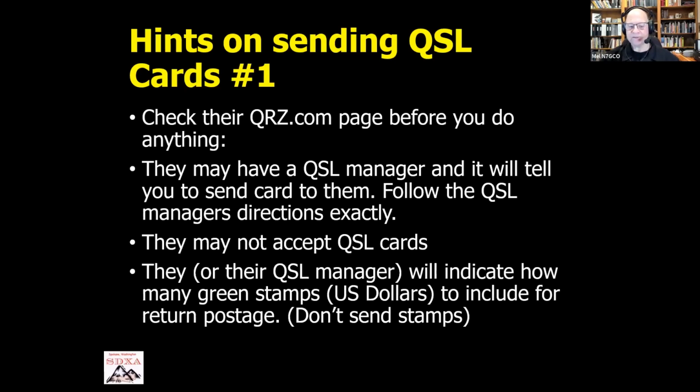And then some of them don't want your QSL card at all. Well, it's a waste of money to send it to them. Sometimes you can email them and talk them out of it, and usually we're talking international now. They'll tell you, either them or their manager, how many green stamps it costs for their return postage. No longer can you send stamps. A U.S. stamp is worthless to them, and we don't produce the international ones anymore.